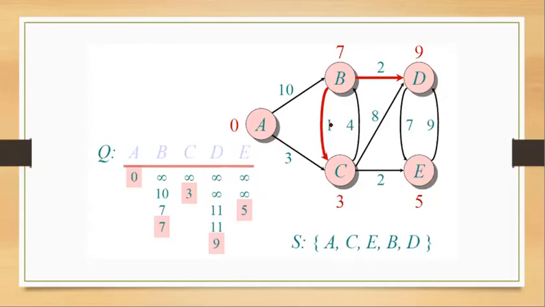So we are not selecting this vertex, we will be selecting this one: A to C, C to B and B to D. So 3 plus 4 plus 2, which is 9. And then finally for E, we will be selecting A to C and C to E. This way we have got the shortest paths from the single source A. So this is the reason it is known as single source shortest path.